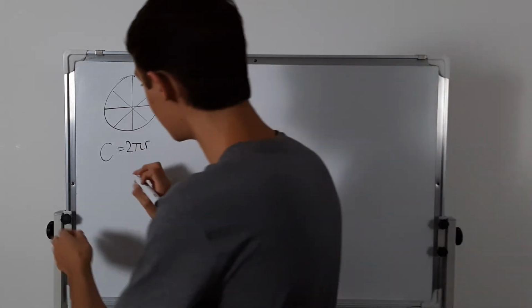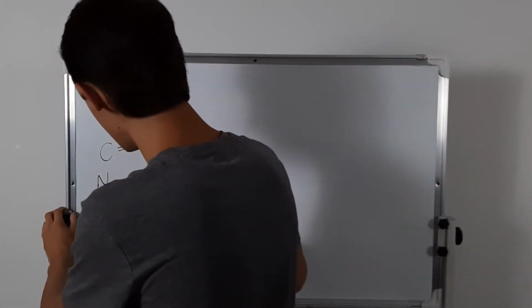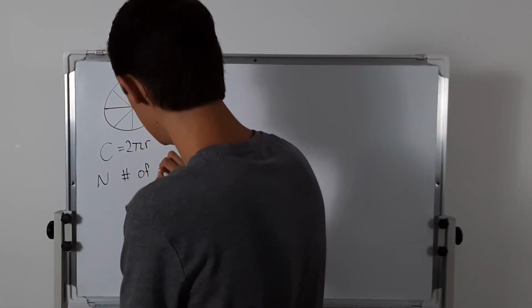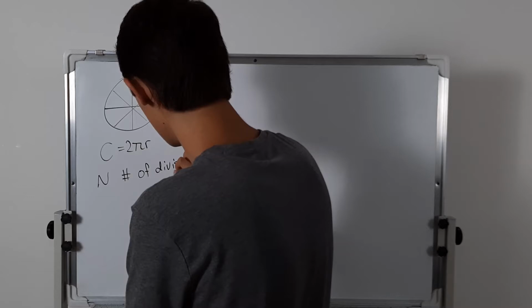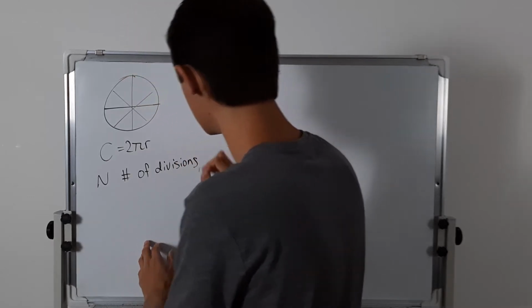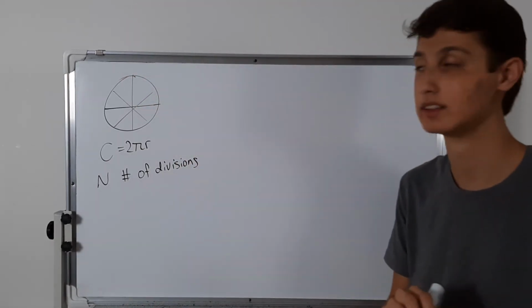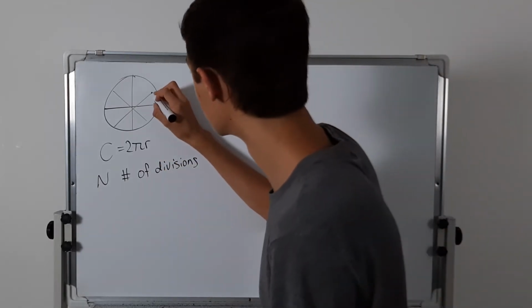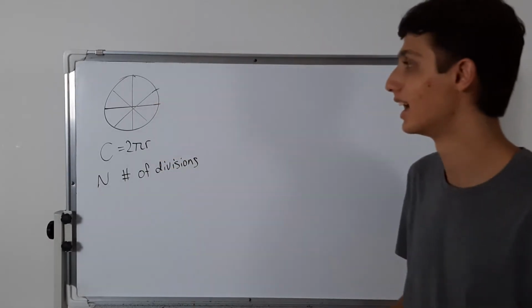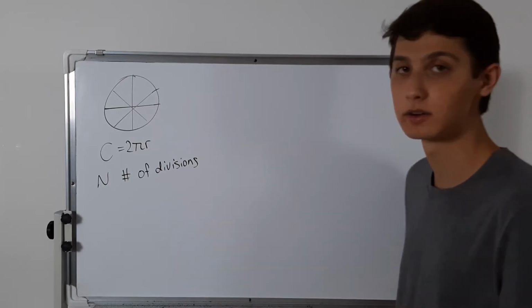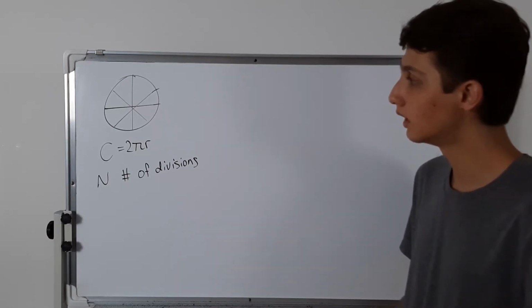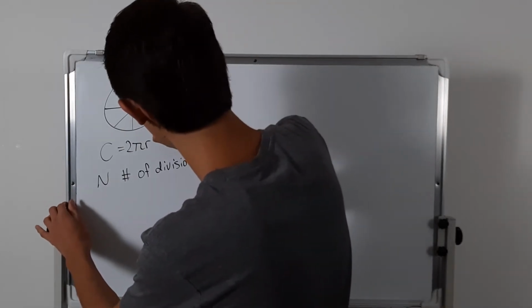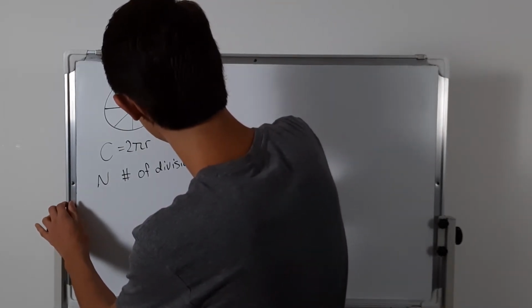So I want to denote n as the number of divisions of the circle, that's how many times I'm dividing it. And we know that the circumference is 2 pi r. So how are we going to find the area? Well, we can take one of these triangles and approximate it.